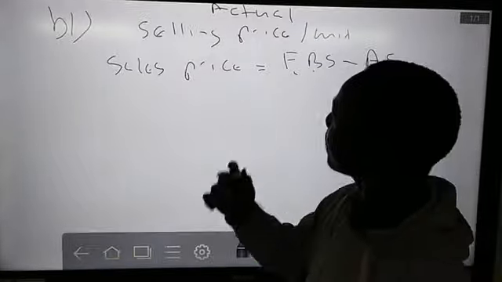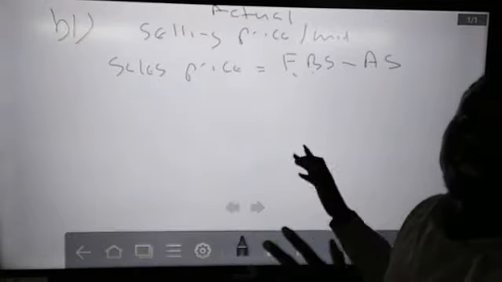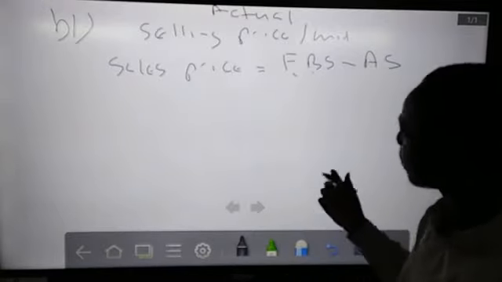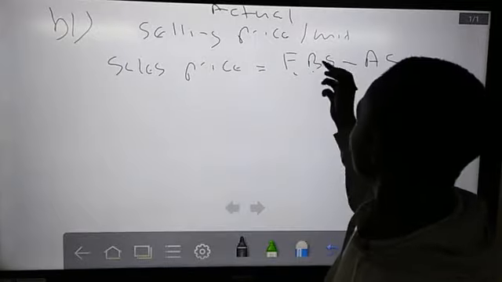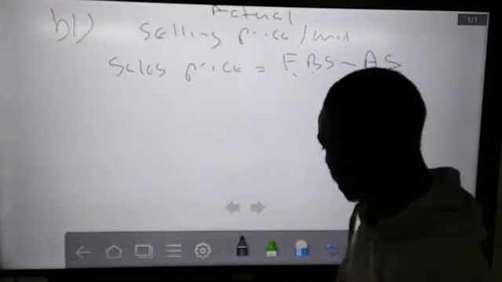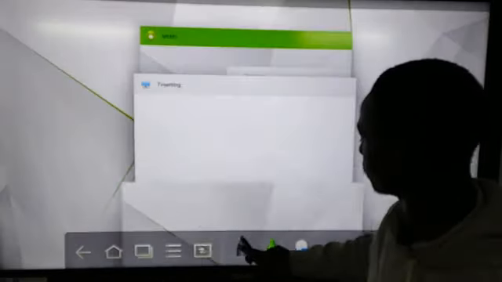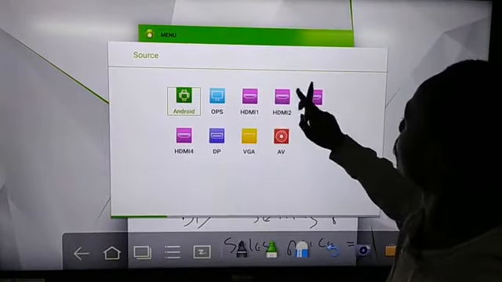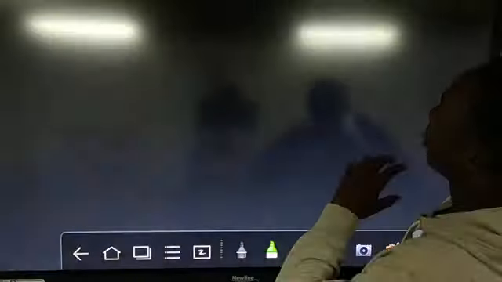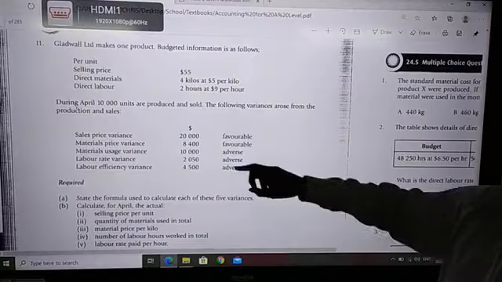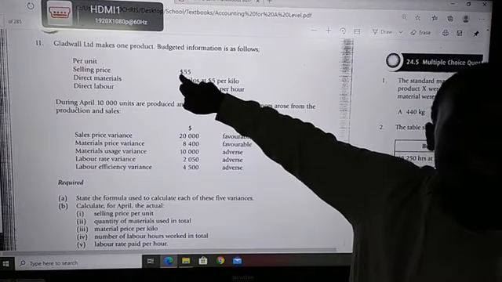Then let's substitute. Let's go back to the source of the question. We have the budgeted selling price per unit.